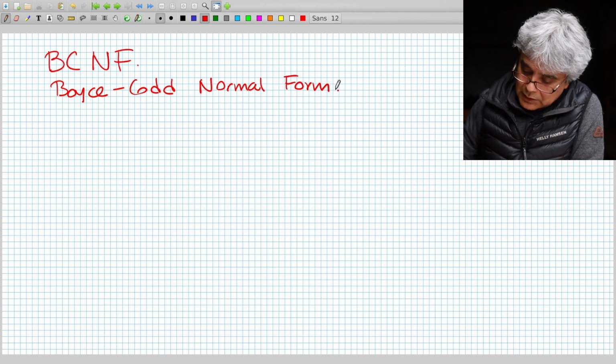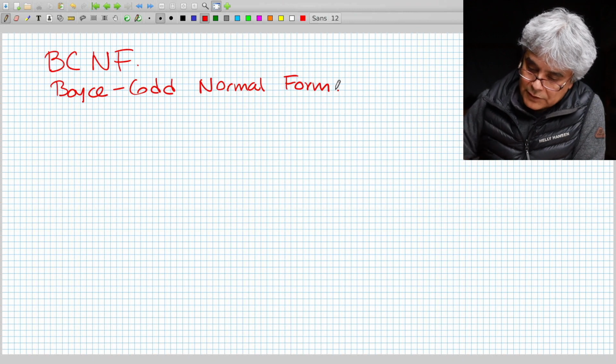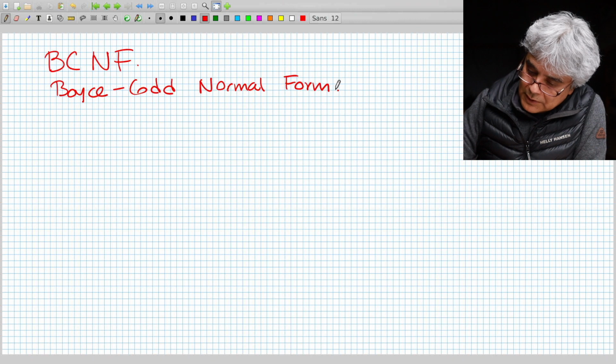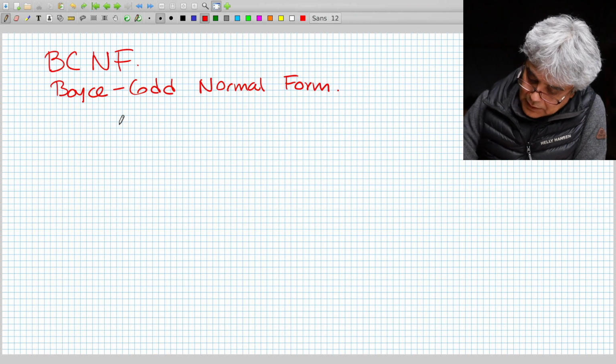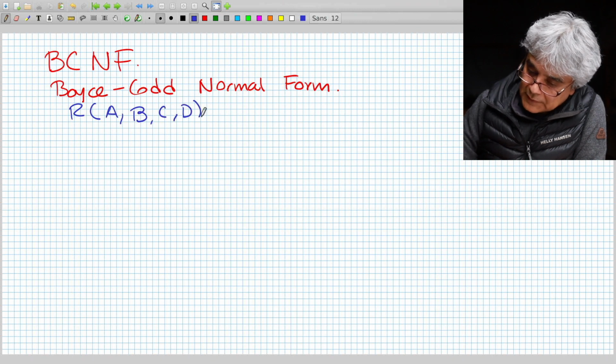Let's assume that we have a relation, and let me use an example instead. Let's assume that we have the relation R(A, B, C, D), and they have the following functional dependencies.